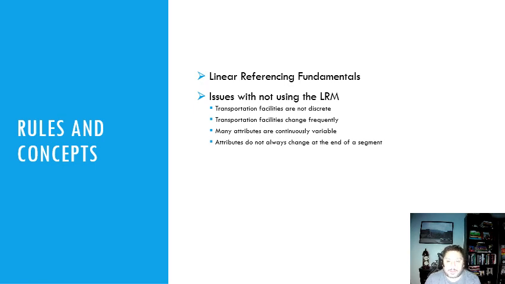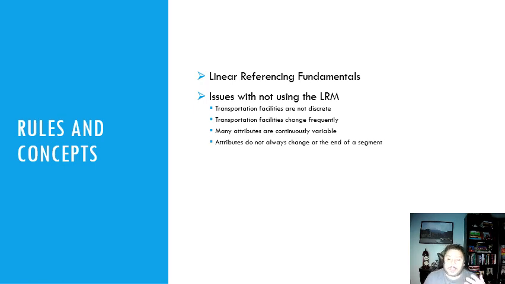How this will work is through, as I mentioned earlier, linear referencing fundamentals, if you will. So these 1D objects have traditionally been referred to as events that can exist as point events or linear events.